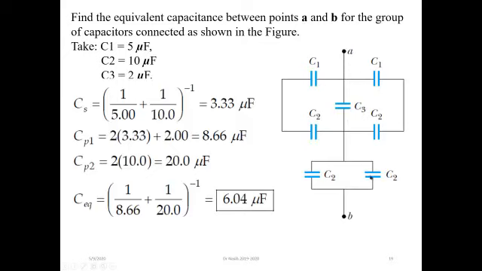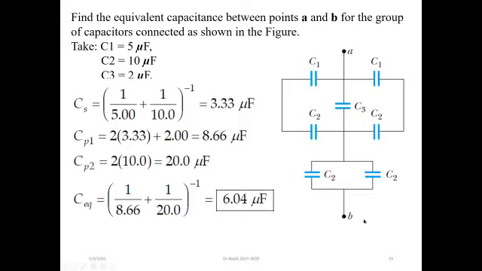For the lower part of the circuit, we have this C2, which is connected in parallel with the other one. In parallel, it doesn't matter if there is a junction, as long as there are no other devices, so both of them are connected together in parallel. In parallel, as you know, we just add both of them together: 10 plus 10, 2 times 10, equals 20 microfarad for the lower part.